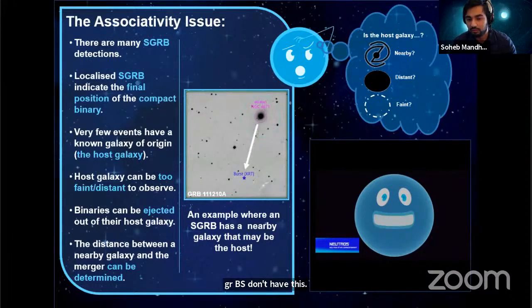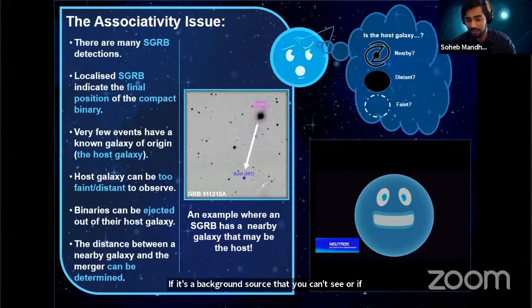The identification of the host galaxy is very important when it comes to localizing the distance of these events. Now, this has several challenges involved, such as if the galaxy is distant or faint, then when you're attempting to make this association, it's not immediately clear if it's a background source that you can't see or if there's nothing there at all.